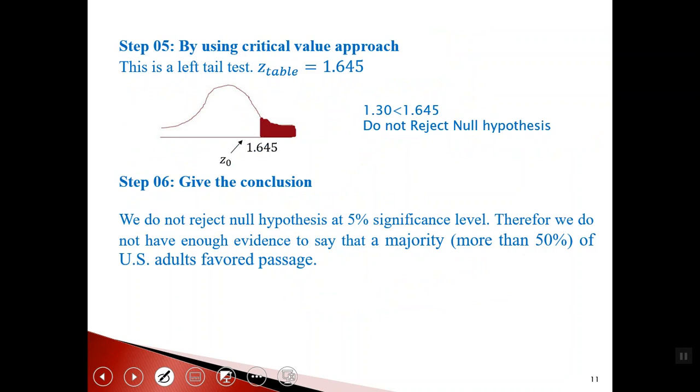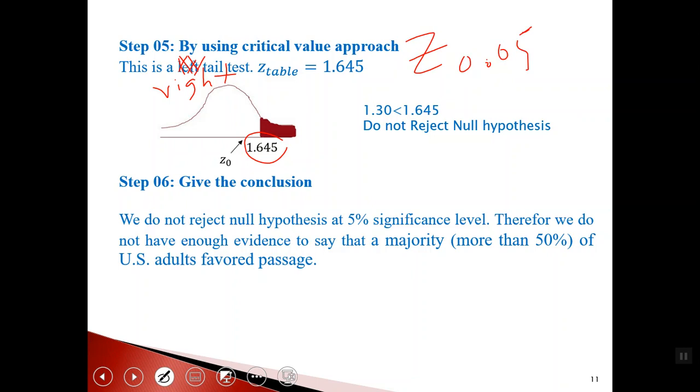Let's use the critical value approach again. That's the easiest one. Since this is a right tail test, the Z value is Z alpha. The alpha value is 0.05, so you need to figure out Z alpha for 0.05, which is 1.645.